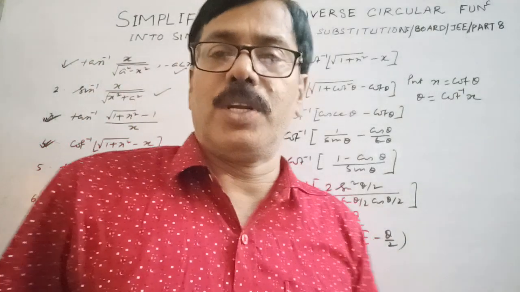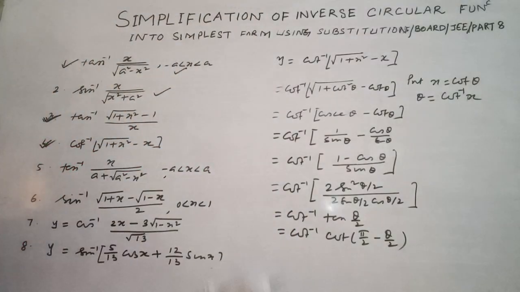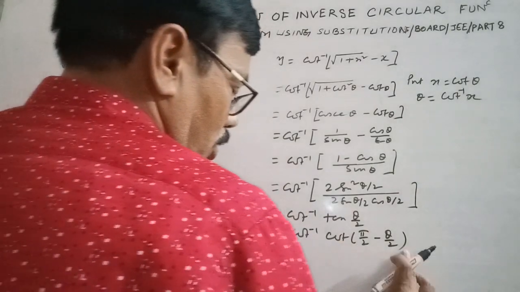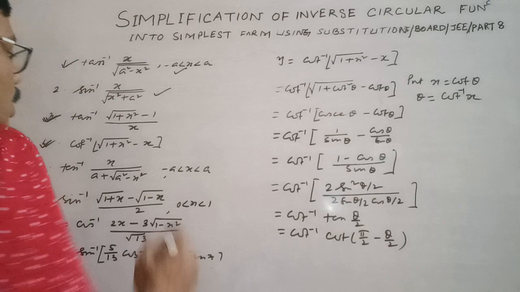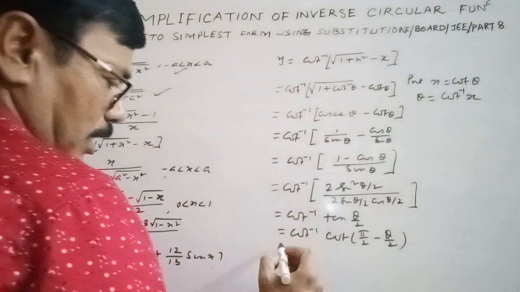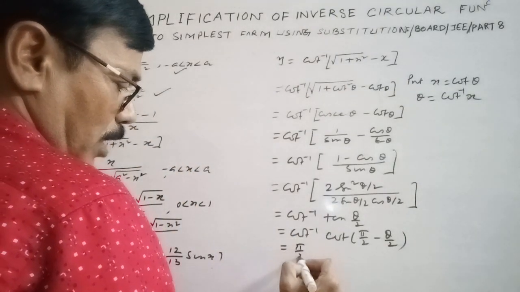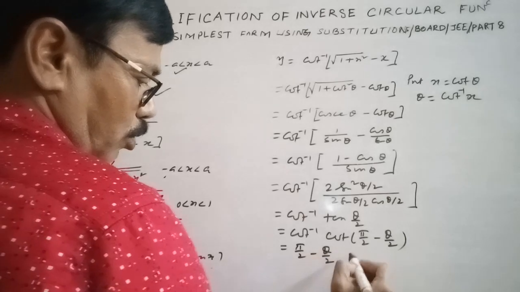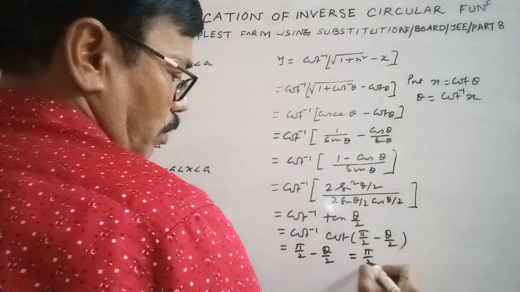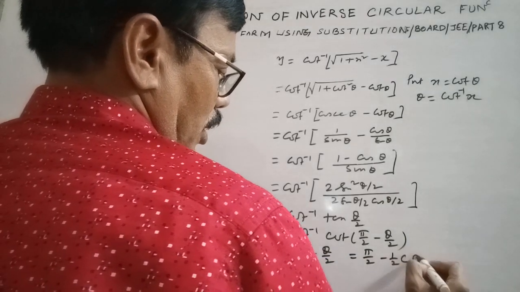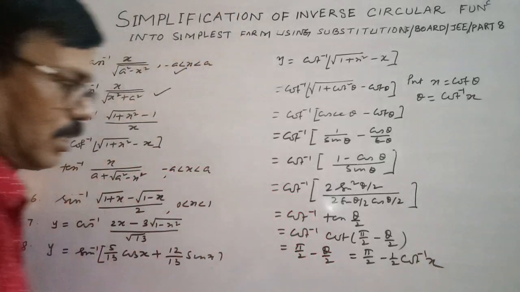If no restriction is given, we suppose the argument belongs to the principal value. So there is no restriction, so this is pi by 2 minus theta by 2. So pi by 2 minus half cot inverse x.